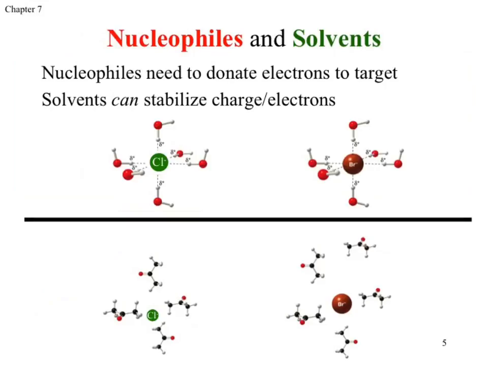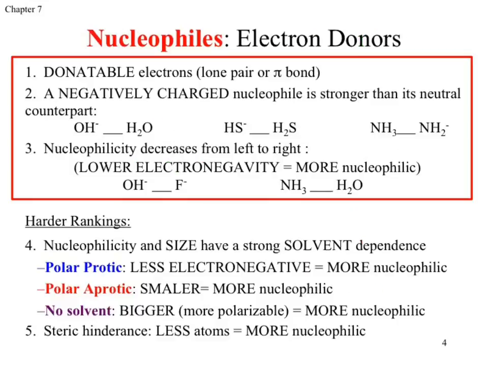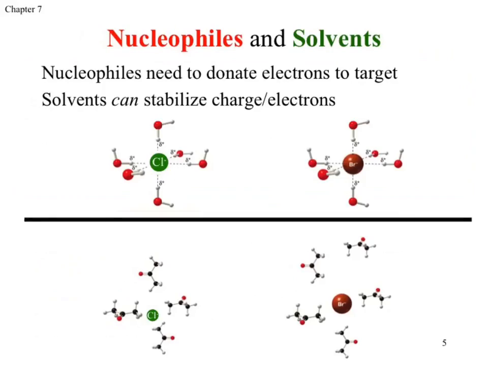But chloride is smaller. Why would that matter? Because it can't stabilize its negative charge as well. Which one was our stronger nucleophile, the chloride or the bromide? In a polar aprotic, smaller is more nucleophilic. So the chloride is more nucleophilic. Why does the chloride become more nucleophilic?